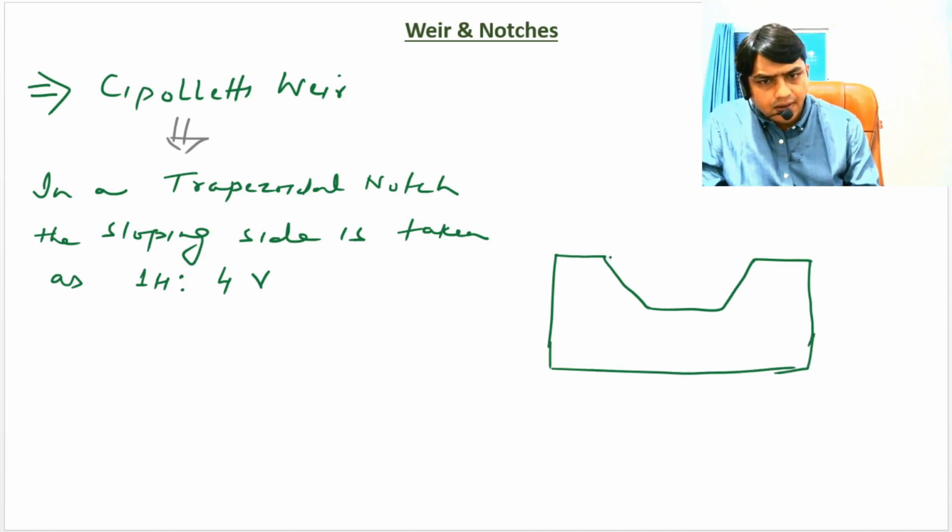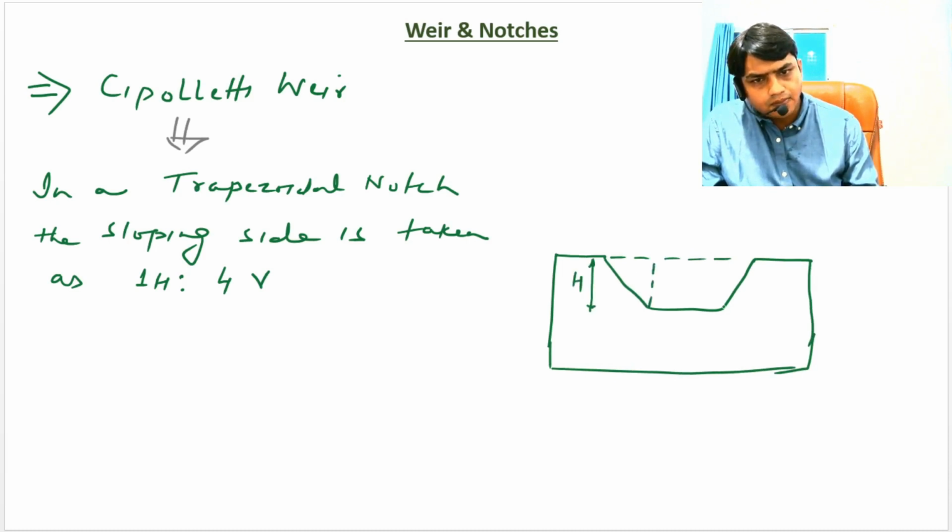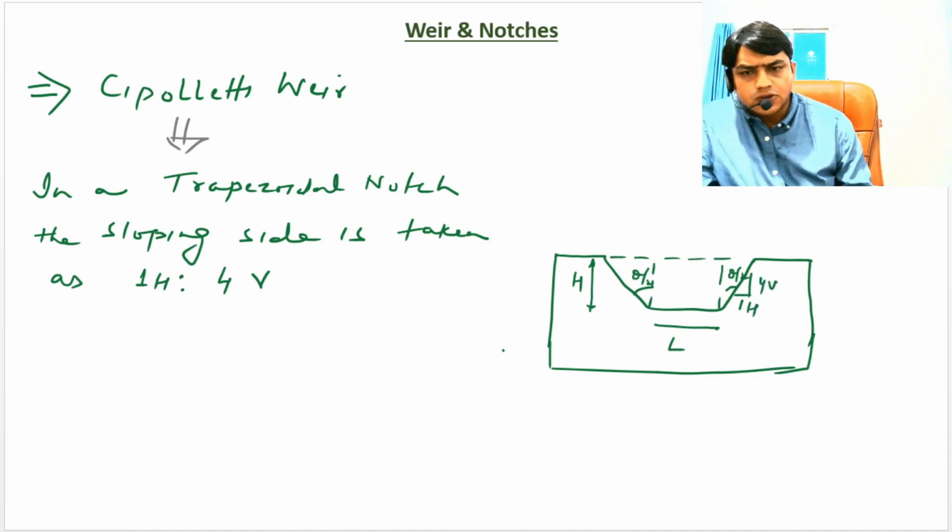So this angle, if this is H, this is L, this angle is theta by 2, this is theta by 2. So the sloping side is one horizontal to four vertical. So tan theta by 2 can be computed.